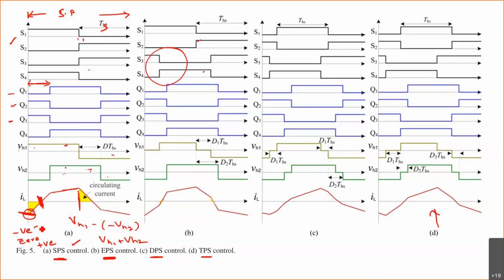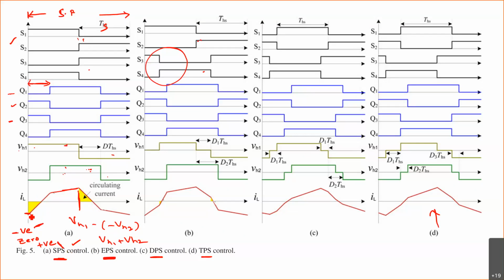Usually under heavy load conditions its value is negative, and under no load or light load conditions its value is positive. Why it is like that, we'll discuss in the later part. Just remember this much: for negative, the load is usually heavy, and for positive, the load is usually light.